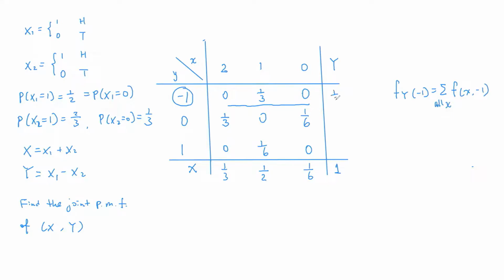So it's still just one term, 1/3. And similarly, you have 1/2 here and 1/6. Again, you add up to be 1. All right, so these are the marginal distribution of x and the marginal distribution of y. So that's this concept.